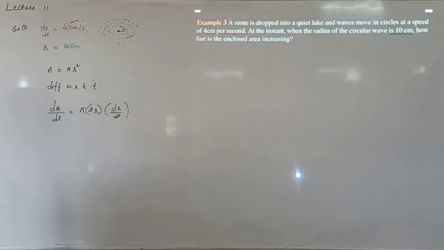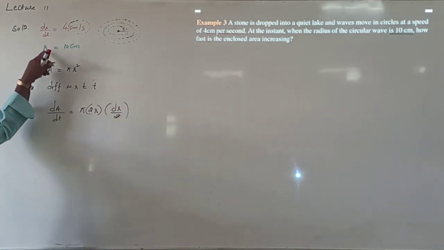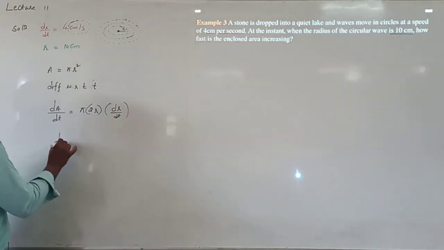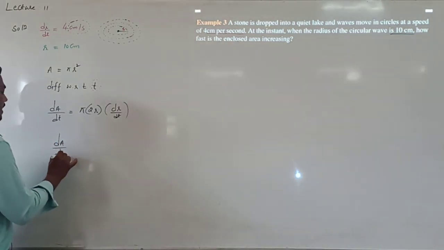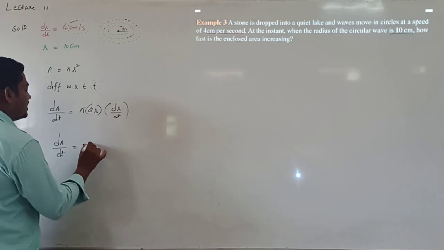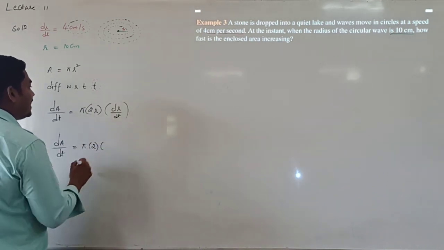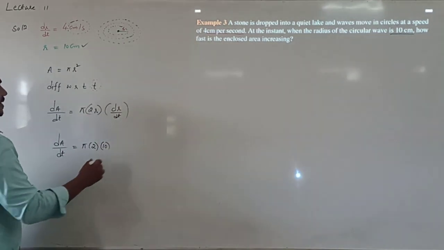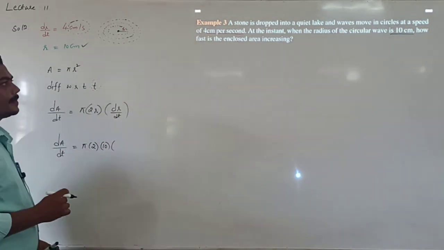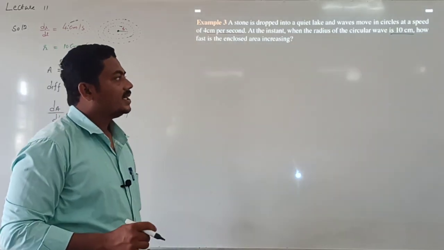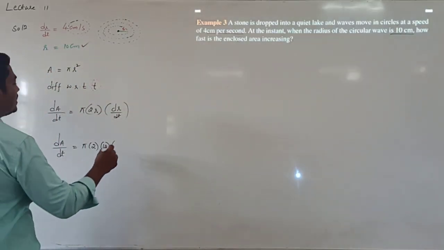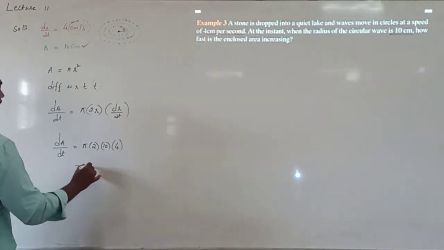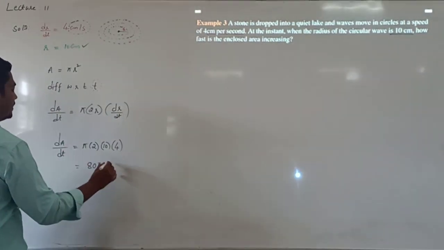After getting dA by dt, replace the given values of r and dr by dt. dA by dt is equal to pi as it is, 2 as it is, r is given, that is 10 centimeter, and dr by dt is 4 centimeter per second. That equals 80 pi.